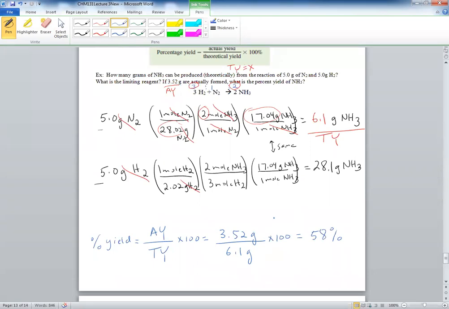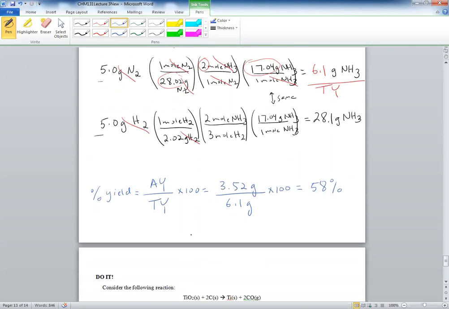Generally, a good percent yield is the one that is as close as possible to 100%. Of course, it's never 100%. So this is in between. Not bad, but it could be better.